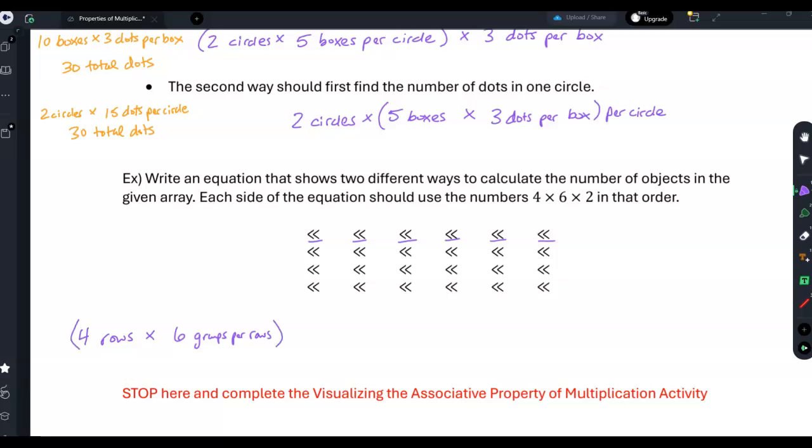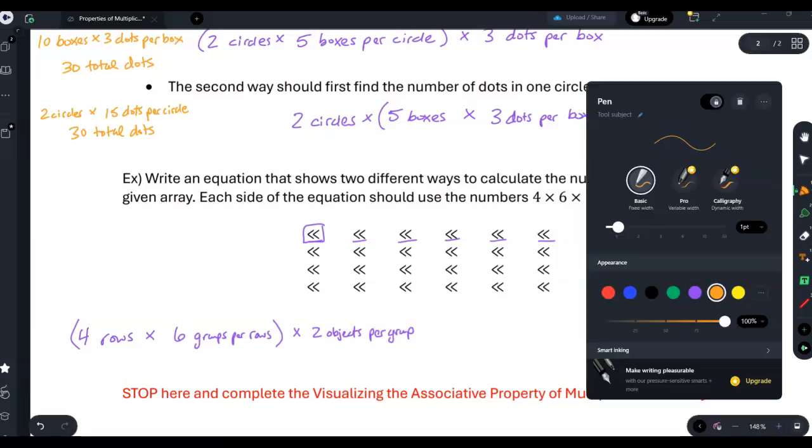If I did that, that would give me 24 total groups. Then to find the number of objects, I need to multiply that by however many objects are in each group. Each group has only 2 of those little arrows, so times 2 objects per group.